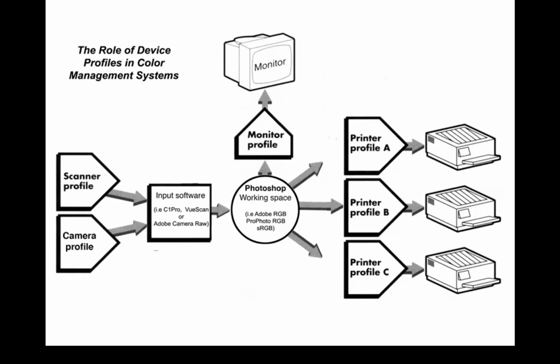So, this whole chain of command that we do here, we start with a camera. You have a camera profile that does that correction. Then this comes into the input software. So this would be Camera Raw or Lightroom, whatever. Then this is actually brought into Photoshop, and these are working spaces in Photoshop. This is Adobe RGB, ProPhoto RGB, sRGB.